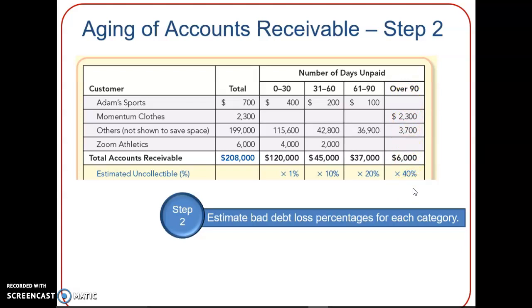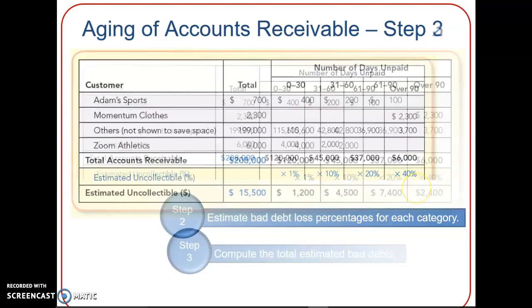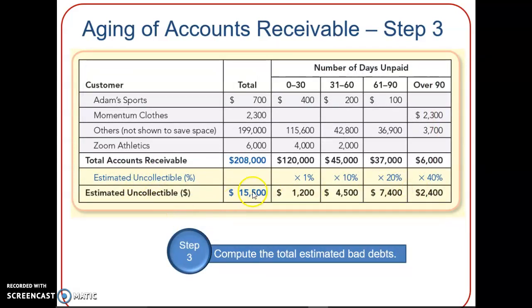Alright, and then I think you can guess what I'm going to do next. That is, we calculate the estimated uncollectible accounts receivable of each category. So $120,000 in the 0 to 30 day category, 1%, that's $1,200. 45,000, 10%, that's $4,500. $37,000, 20%, that's $7,400. 6,000, 40%, that's $2,400.